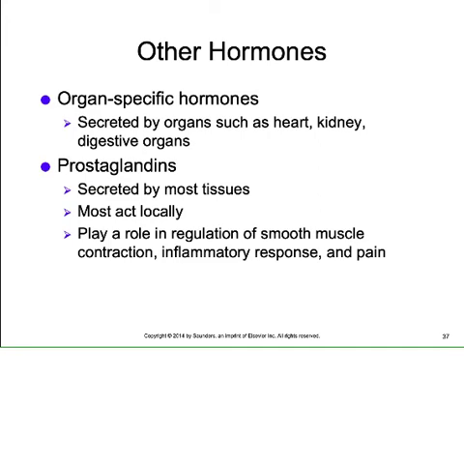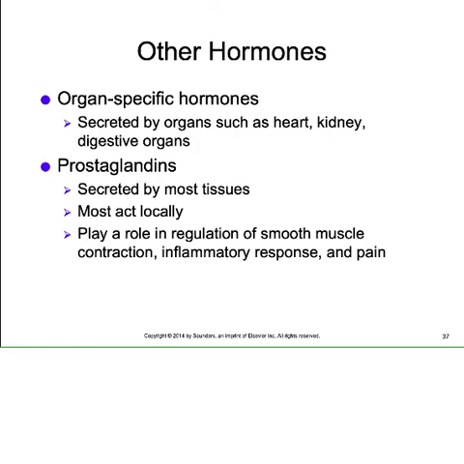The heart produces atrial natriuretic peptide, which causes blood volume and blood pressure to go down because it increases sodium secretion by the kidneys, and so that pulls water out of the body and into the urine.